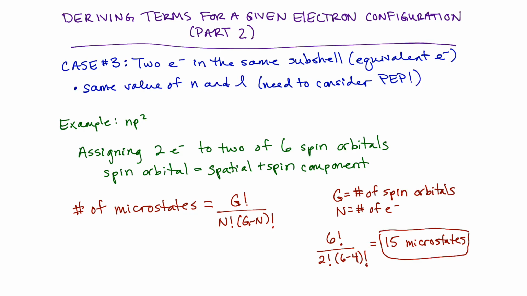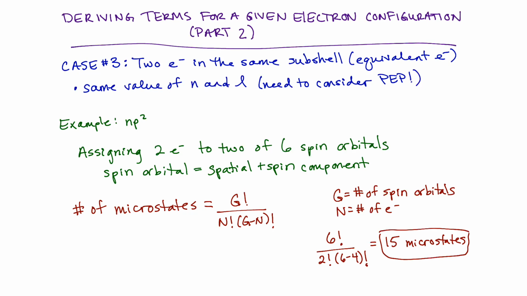our electrons can occupy. Now, as we start getting into some of these more complicated situations, where we have multiple spin orbitals that our electrons can occupy, it's nice to have a shortcut to figure out how many total microstates you can possibly have for a given electron configuration.